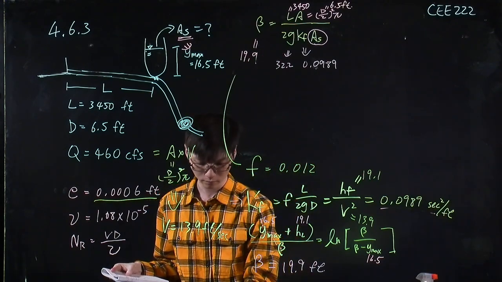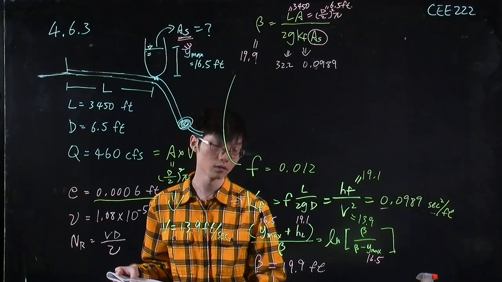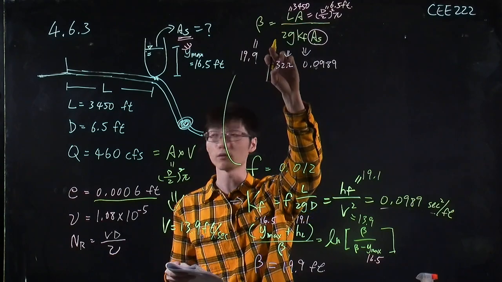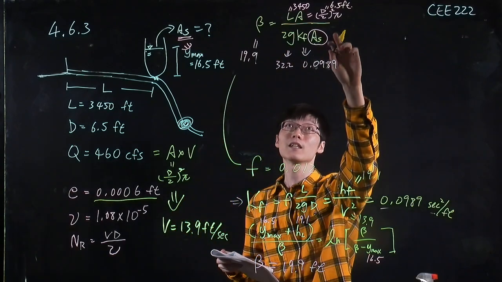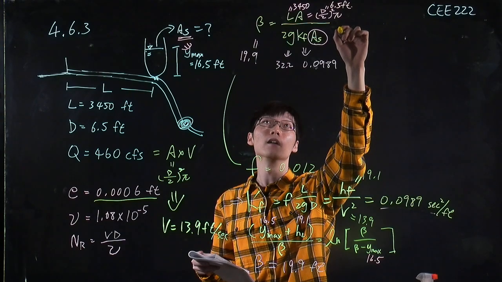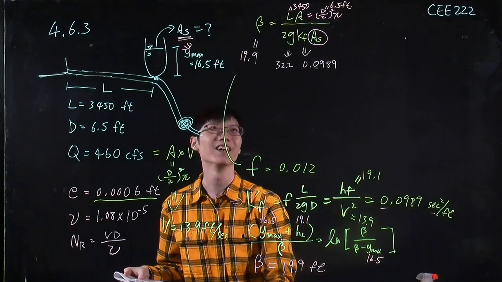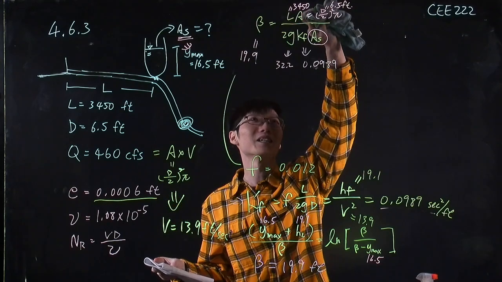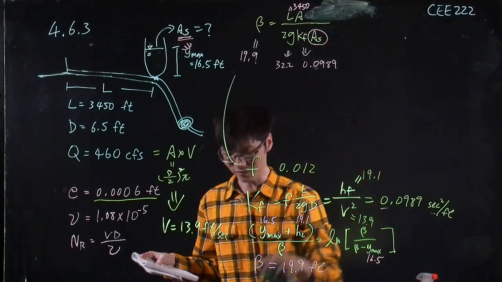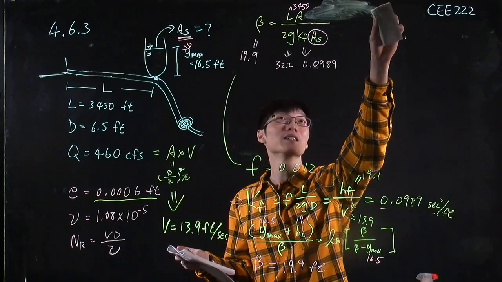Okay. So the only number that we don't know in this equation is... oh, sorry, I made a mistake here. As I said, this area is not the area of the pipe.